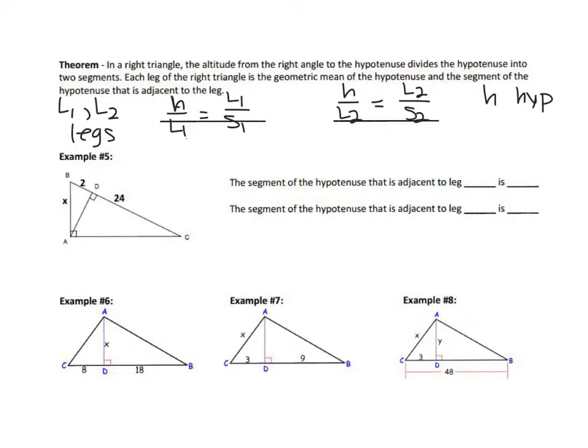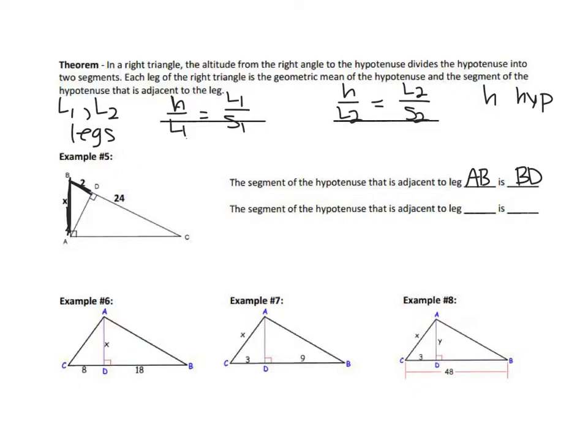Again, I'm getting all of these variables from the picture on the front of your notes where we labeled our right triangle. So if we're looking at example 5, we're not going to solve it, we're just going to identify the adjacent information. The segment of the hypotenuse that is adjacent to leg AB, that is one of our legs. Adjacent means next to. So the adjacent segment to leg AB is the one next to it, which is BD.